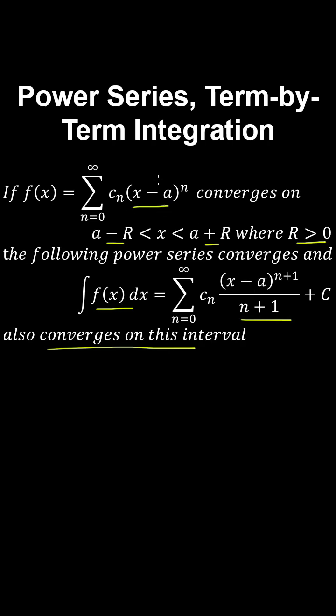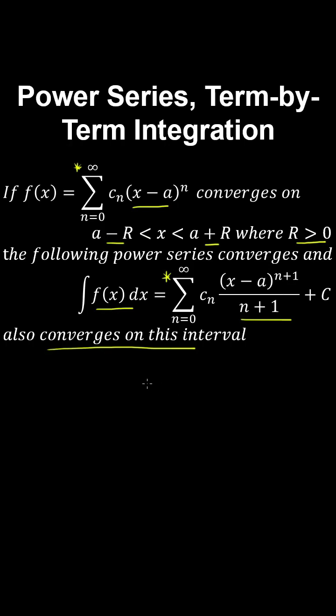Here we've integrated the terms in the series using the power rule for integration, and I encourage you to show that the radius of convergence of this power series is the same as that of the original power series using the ratio test. Term-by-term integration can be used to identify a function represented by a power series or obtain a power series representation of a function.